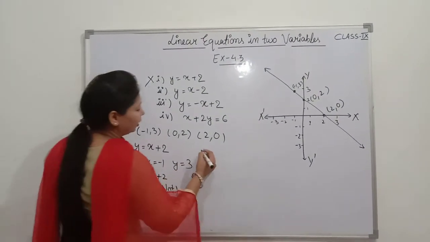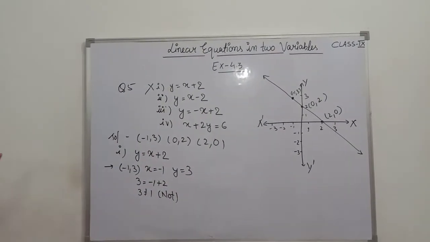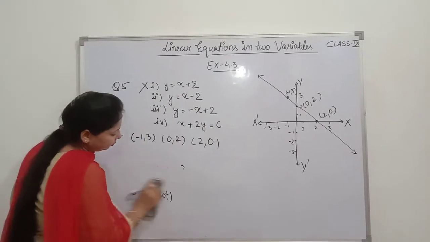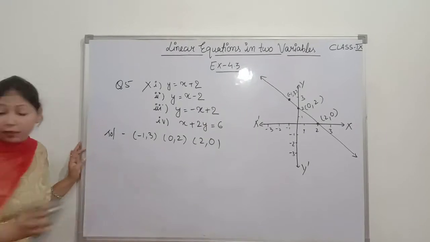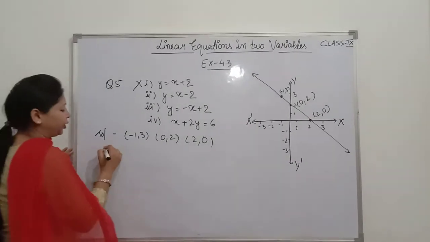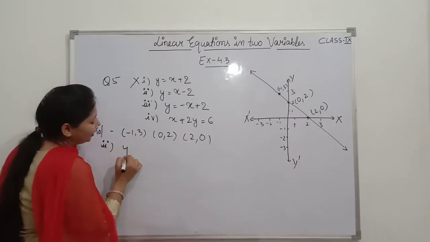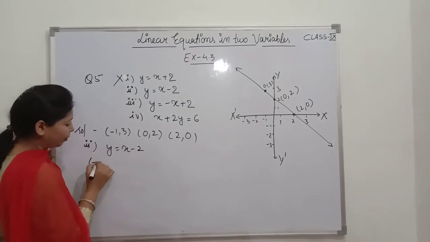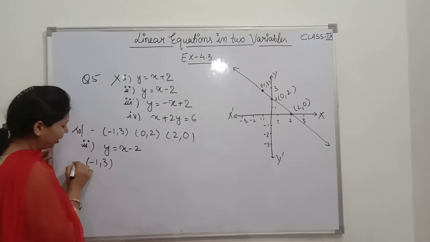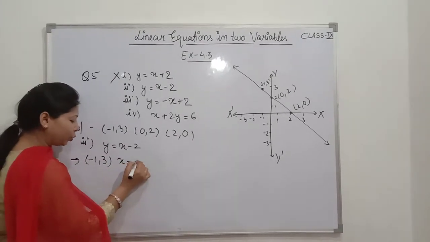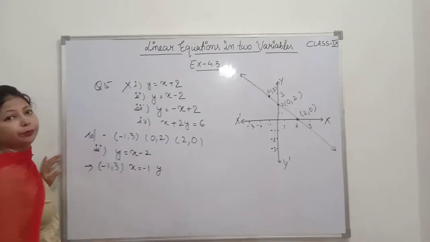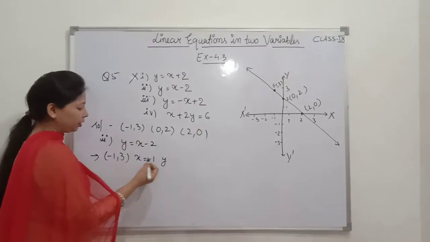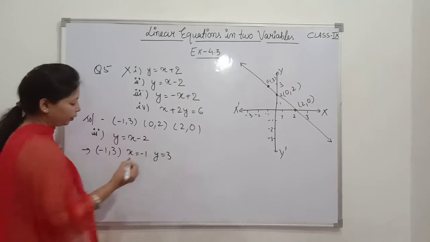Now moving towards the second equation. The second equation is y is equal to x minus 2. Now we have the point minus 1, 3. Again x is equal to minus 1 and y is equal to 3.